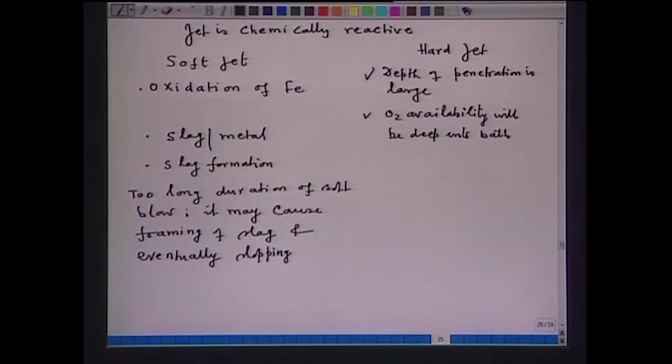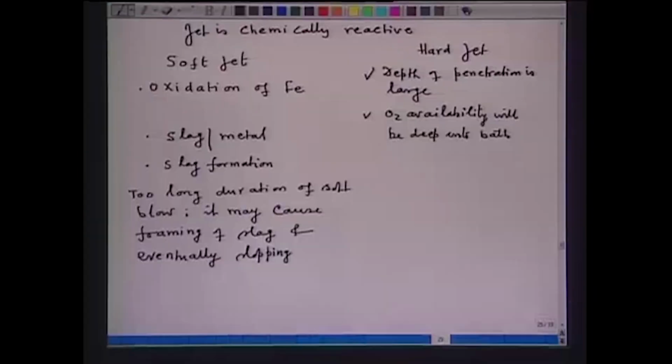What does it mean? That means now the carbon reaction can be accelerated, because oxygen is abundantly available in the bath, so it will react with the carbon. But if phosphorus is to be removed, which is a slag metal reaction, then phosphorus removal will be impaired.